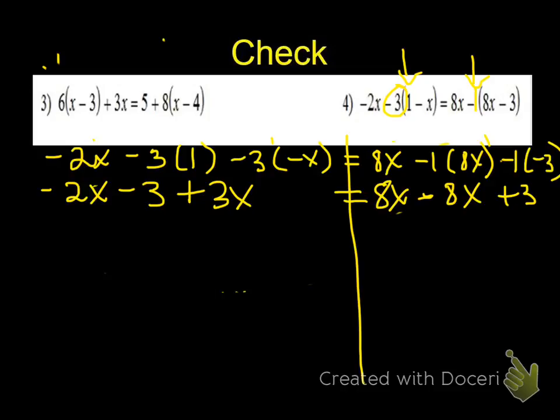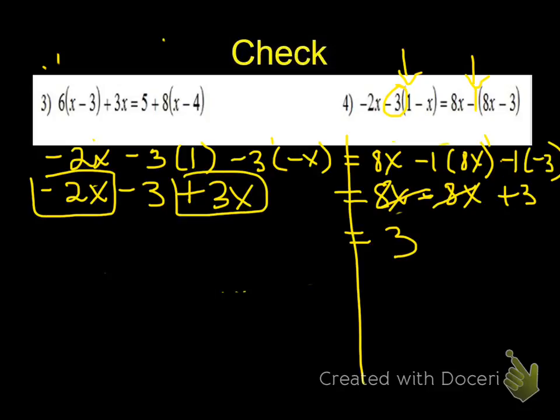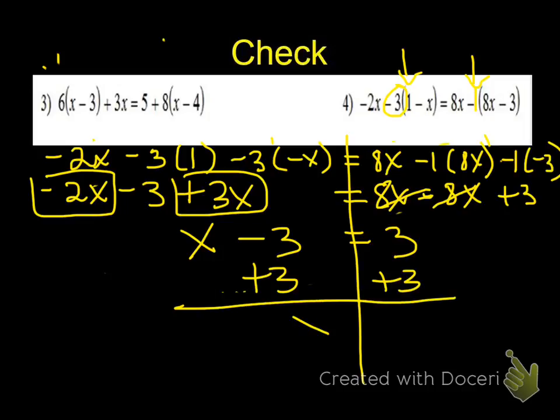I notice here that 8x and minus 8x is going to cancel, so there's nothing here except for 3. On the left side we have a negative 2x plus 3x, which is just going to give us x minus 3. In order to get rid of this negative 3, we have to add 3 to both sides, and we see that x equals 6.